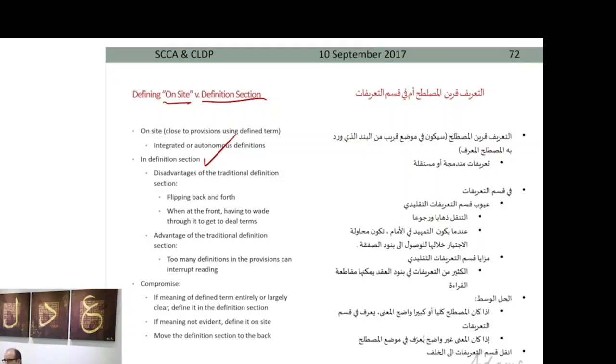Sure. What do you think of the use of footnotes? Someone mentioned that yesterday, using footnotes. You never see that. Do you see it? How often do you see it here? An agreement? Okay, all right.